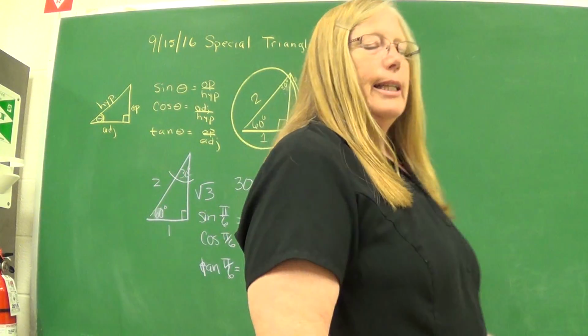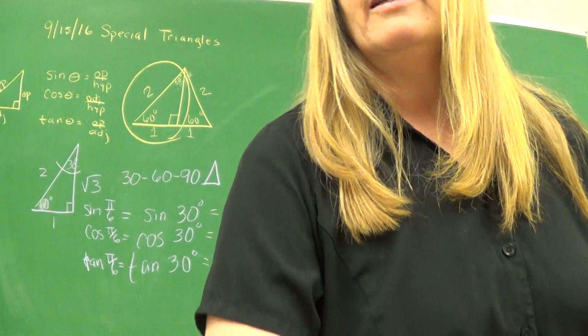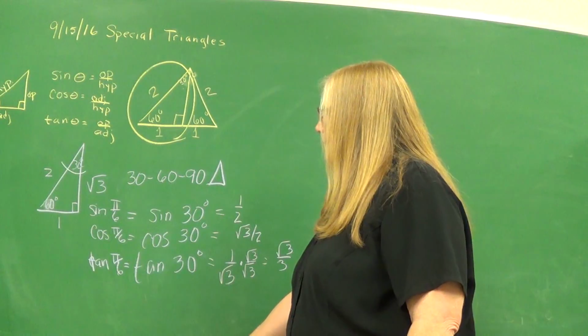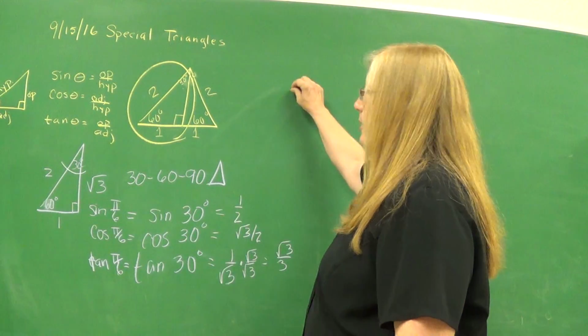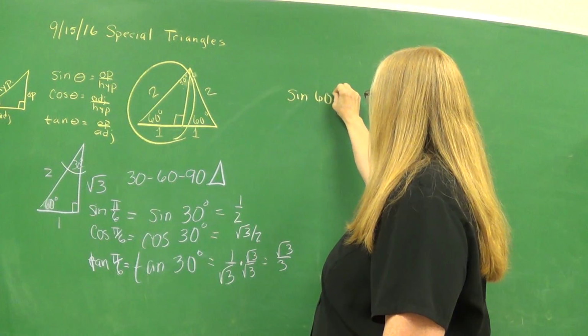All right, let's look at another secret that holds. And the other secret is the sine, cosine, and tangent of 60 degrees.